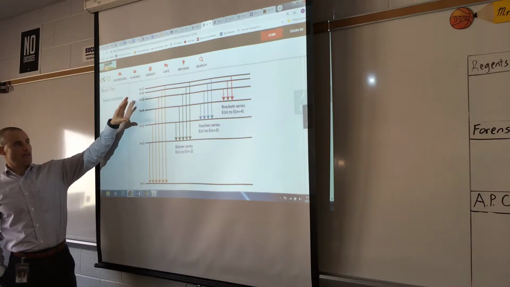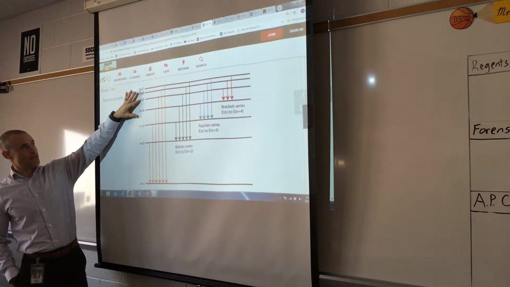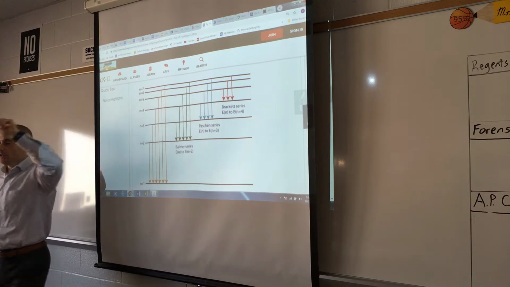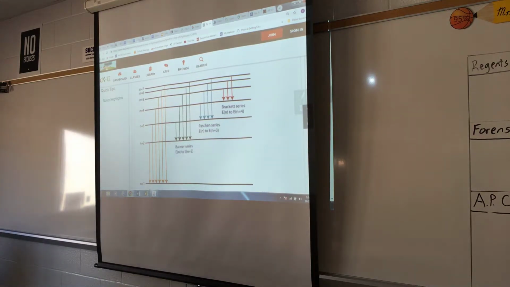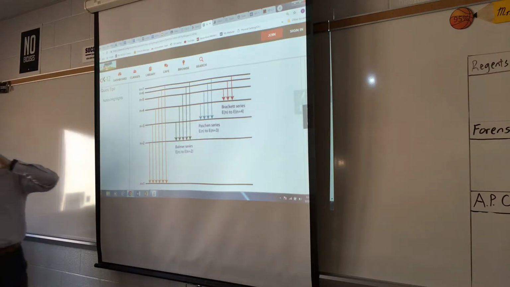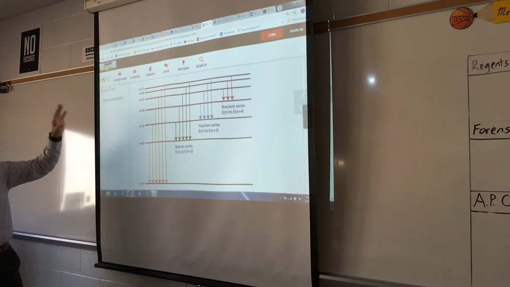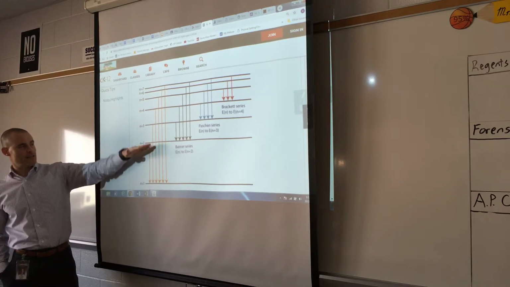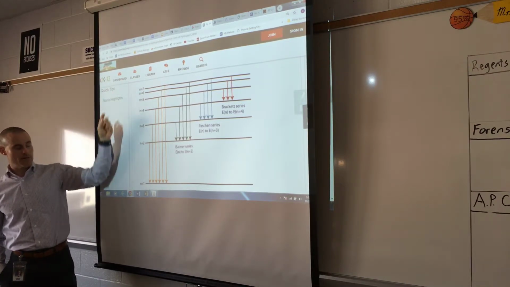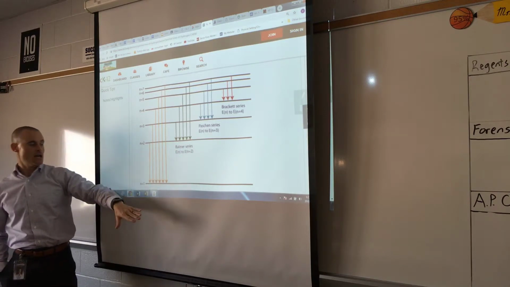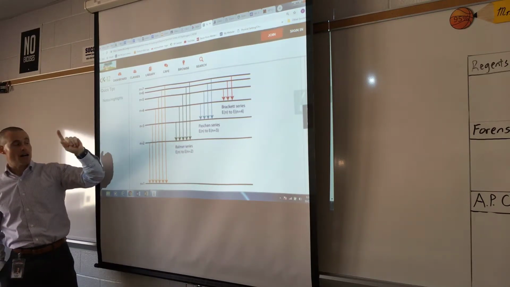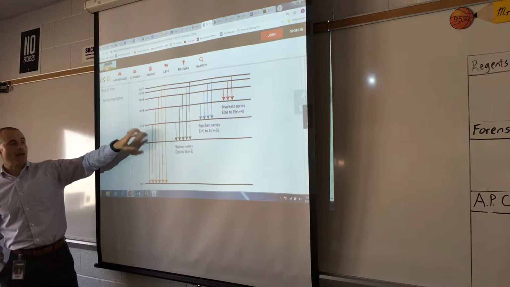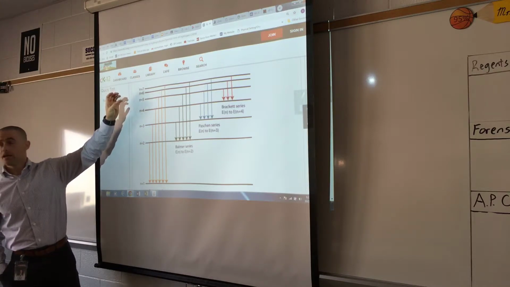But the fact that these energy levels here, 5, 6, 7, are pretty close together, especially the elements in period 5, 6, and 7, it makes a little sense. We'll talk about it. But I do want you to try and mimic the distance here the best you can. And if you need to write notes to yourself, just write, there's a big gap between 1 and 2, and then the gaps start to shrink.